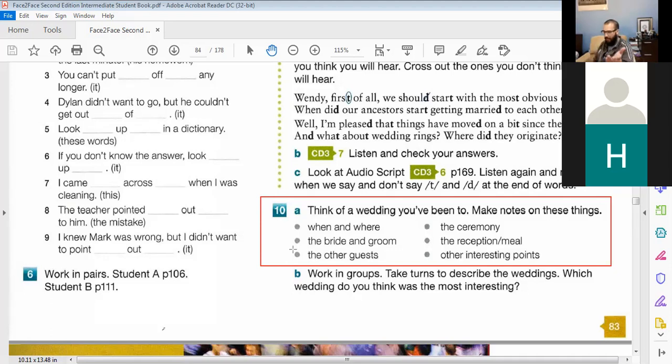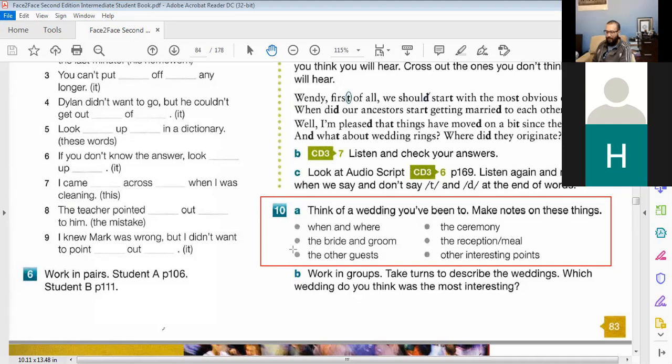Maybe the bride is a relative or a friend, you can say the bride was a relative or a friend, or the opposite, the groom was a relative or a friend or whatever. Other guests. You can make a comment about the other guests, the ceremony, how was it? And when we mean the ceremony, it means the wedding itself, the reception, the meal, other interesting points.